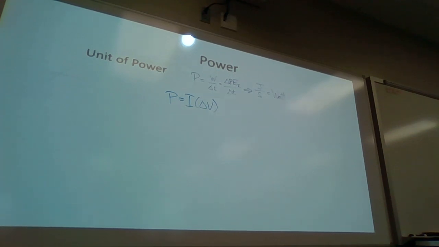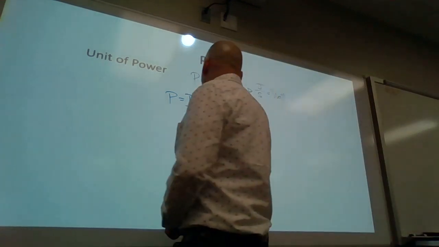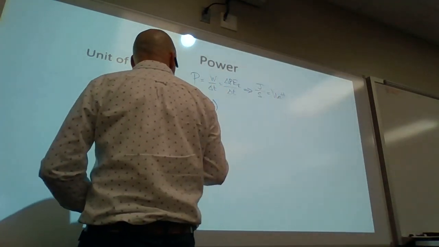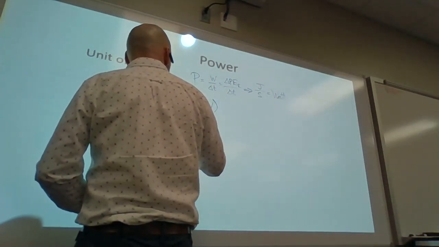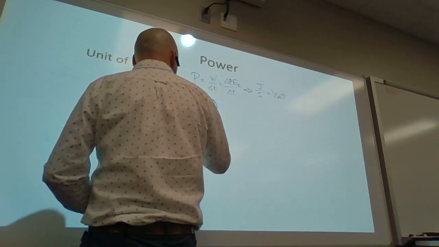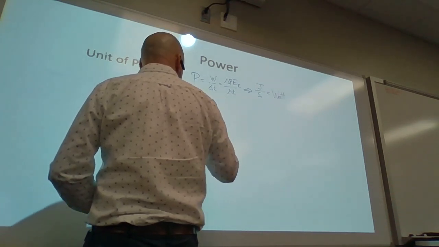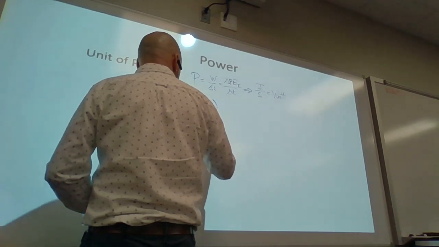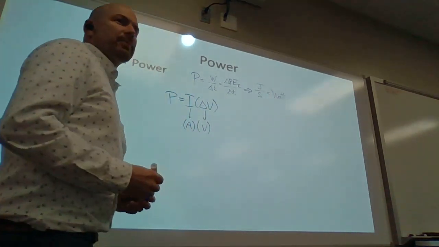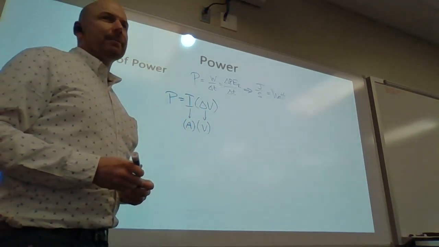But I want to show you how these two, the purple and the blue, go together. What's the unit for current? Good, amps. What's the unit for voltage? Volts. Amps times volts. Not helpful.